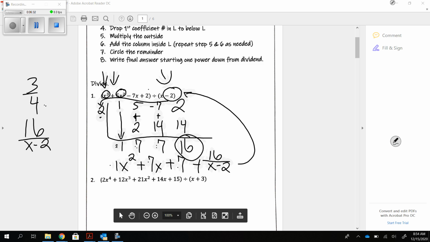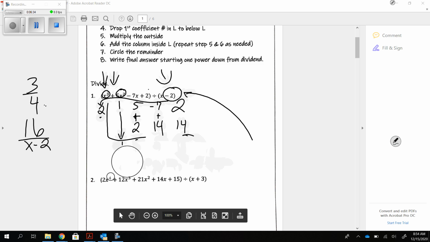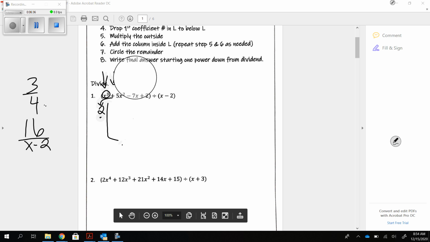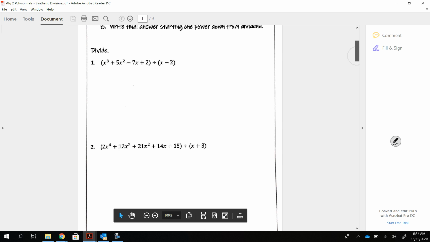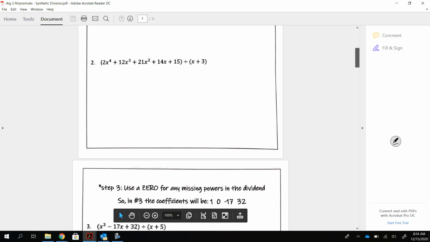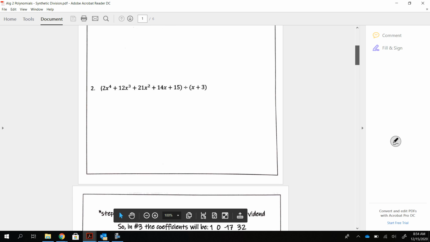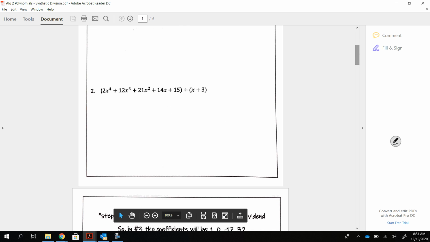All right, we're going to do another one. So we have 2x to the 4th plus 12x cubed plus 21x squared plus 14 plus 15 divided by x plus 3. As we can see, this one's going to be a lot, okay? So I'm going to draw a long L just in case.